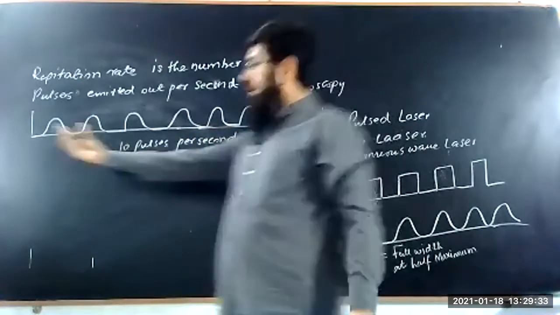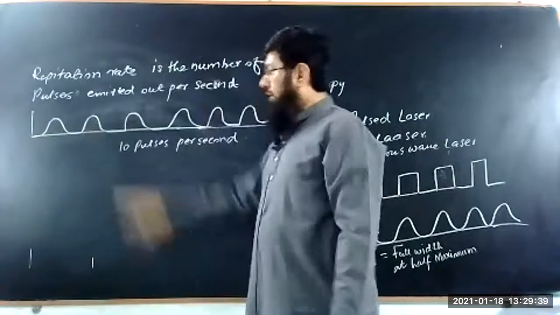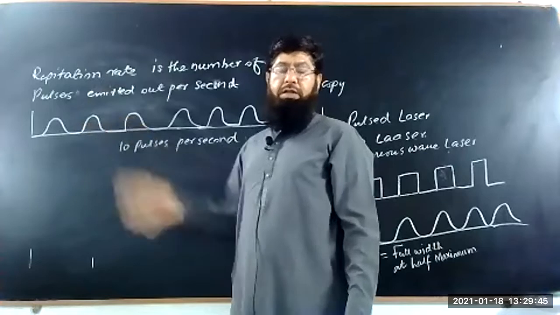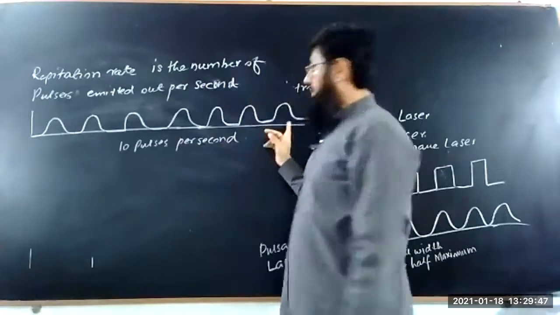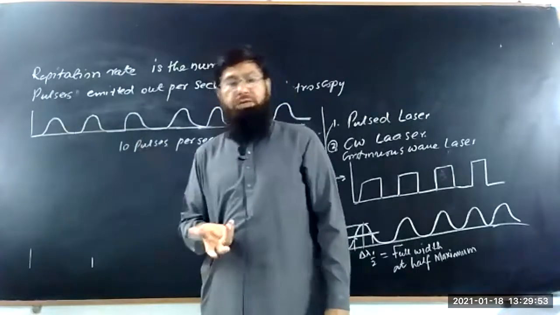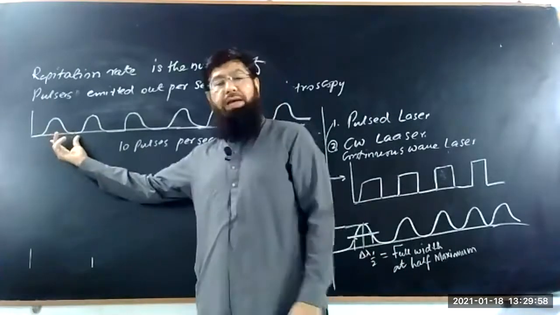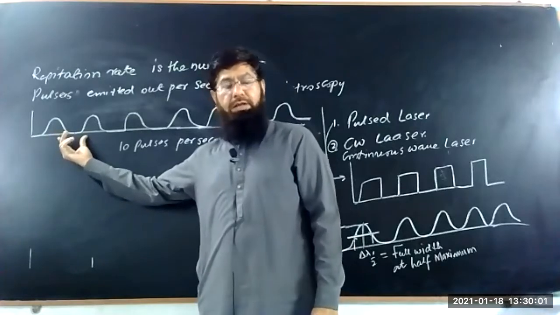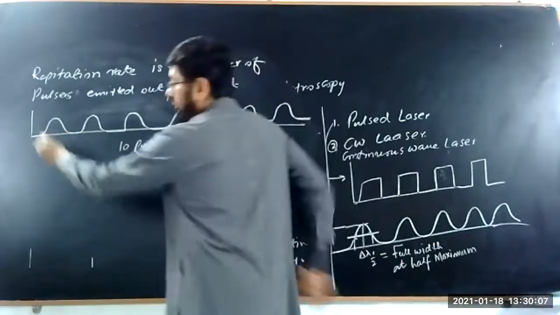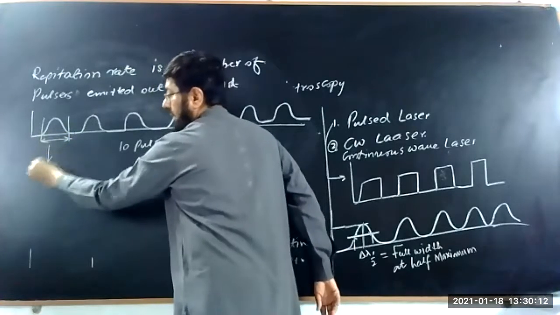If the laser emits 10 pulses per second, that is its repetition rate. If the laser emits 5 pulses per second, the repetition rate is 5. Here, this is the duration of the pulse, which we call the pulse duration.